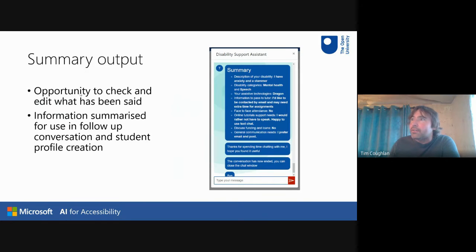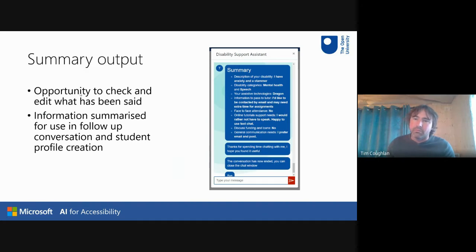And as I said, one of the other key things was that people get to check the information they've provided, change it, and make sure that it is accurate. There's a summary that this produces from the conversation. Once the student is happy with that and the conversation is ended, that output can then be shared with our disability support advisors, and it's recorded.